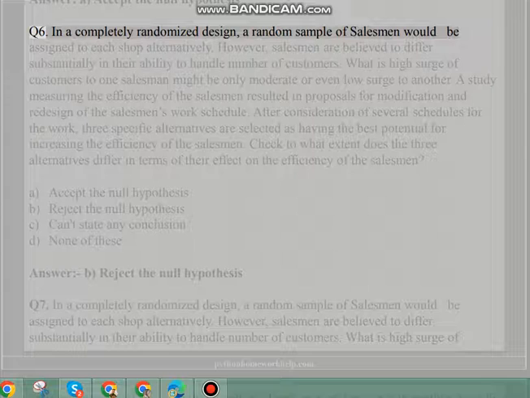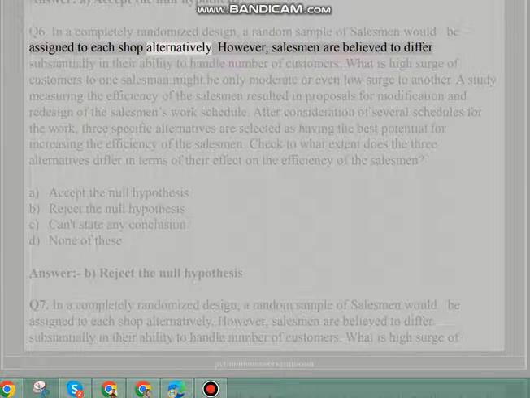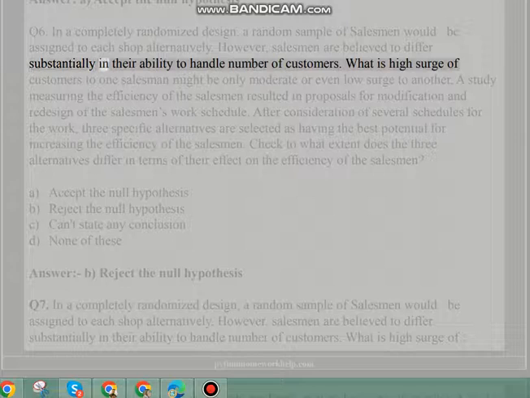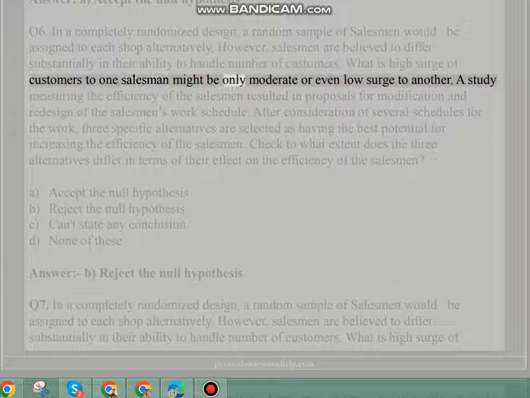Q6. In a completely randomized design, a random sample of salesmen would be assigned to each shop alternatively. However, salesmen are believed to differ substantially in their ability to handle number of customers. What is a high surge of customers to one salesman might be only a moderate or even low surge to another.